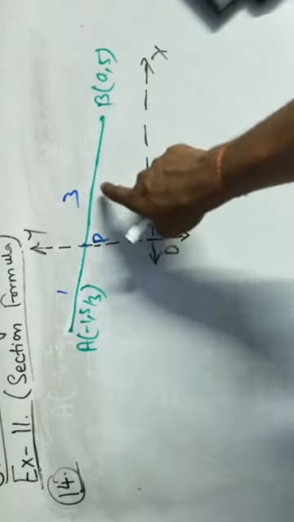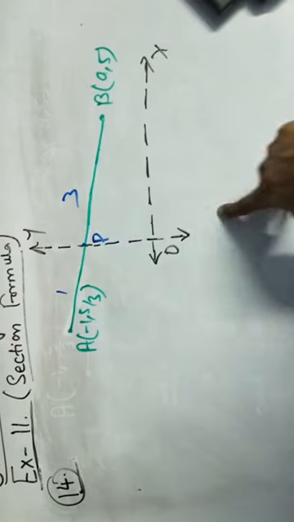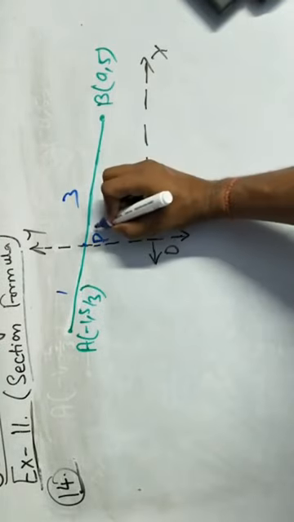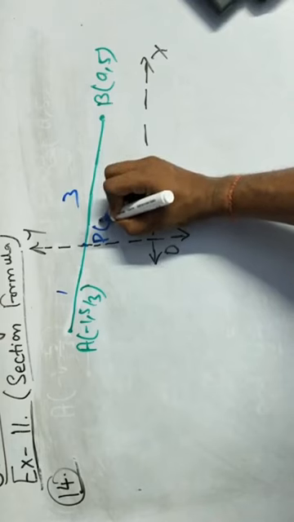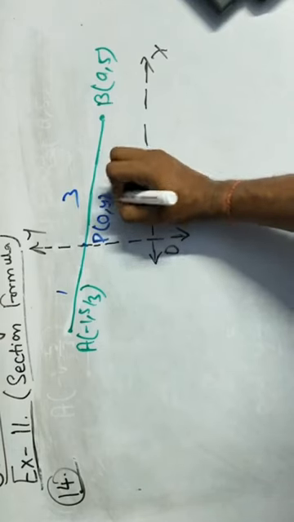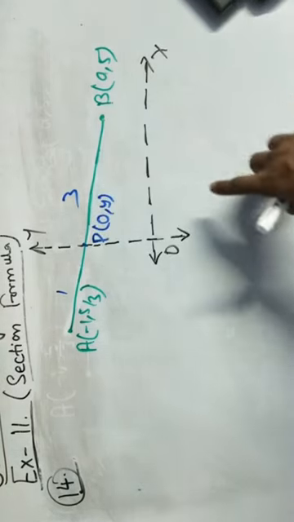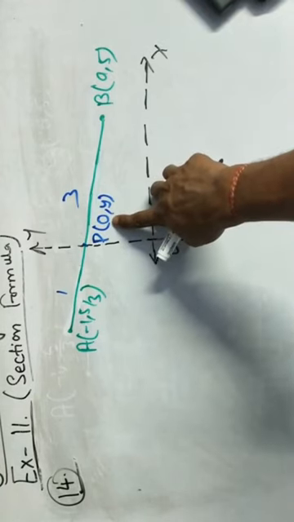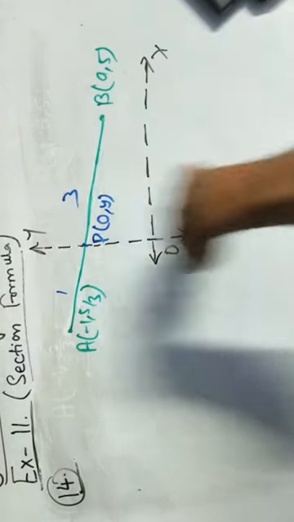So this line AB is intersecting the y-axis at the point P. So what will be the coordinate of this point P? It should be 0 comma y. The x coordinate will always be 0 since this point P lies on y-axis.